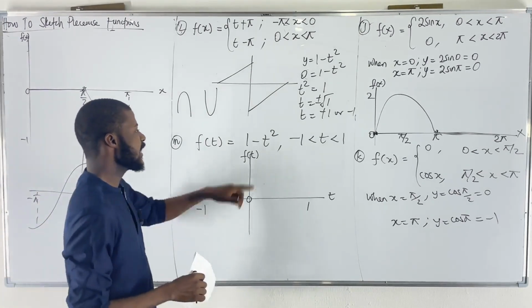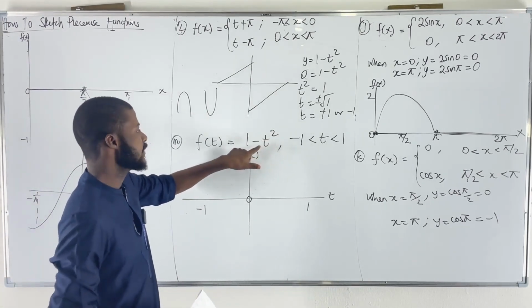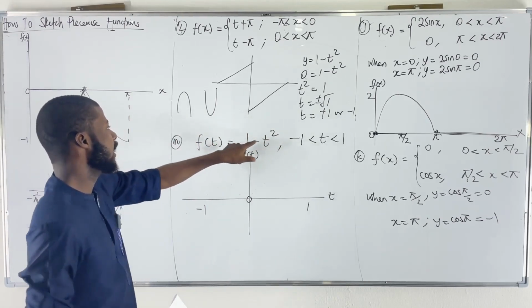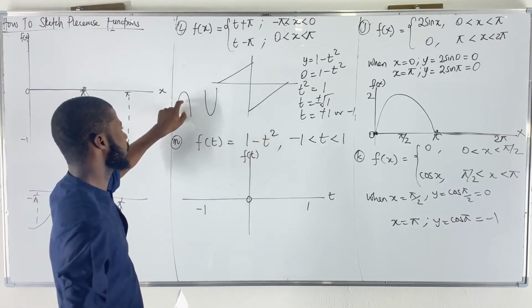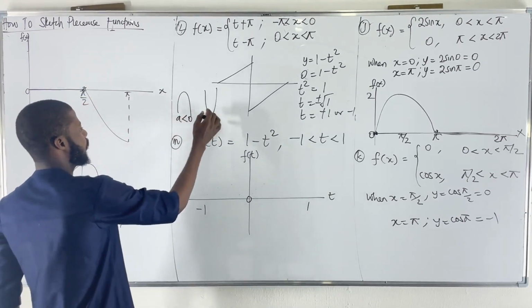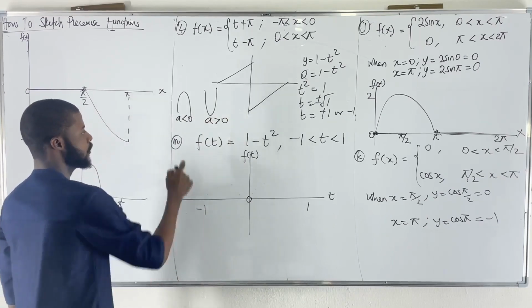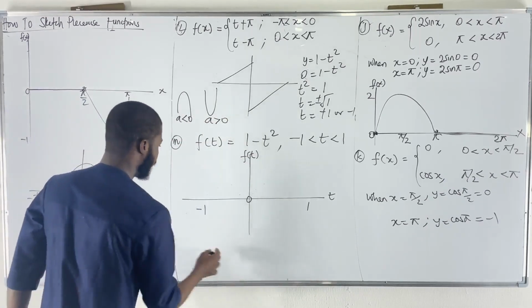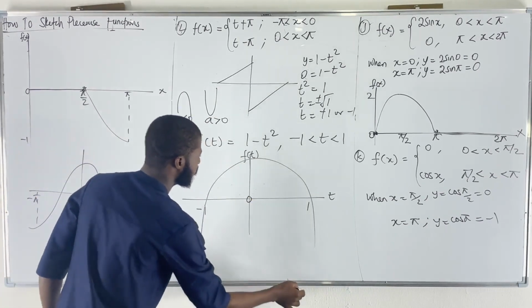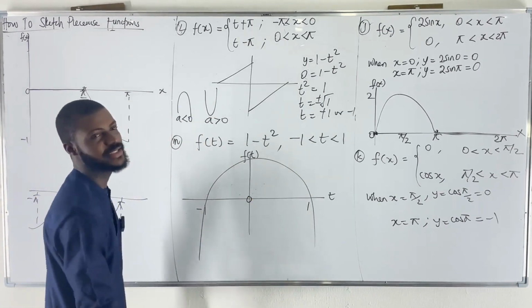Since this is minus t squared, it means that it's going to look like this one, because this is when a is less than 0, while this is when a is greater than 0. So your graph is actually like this.